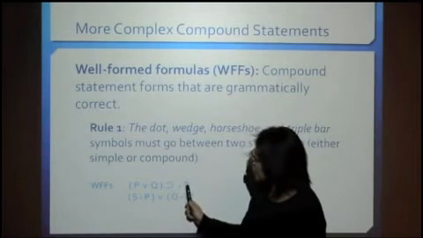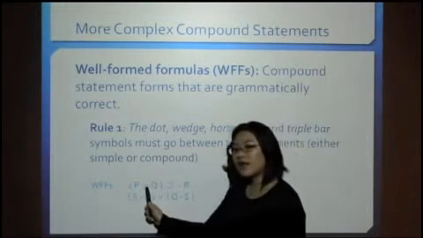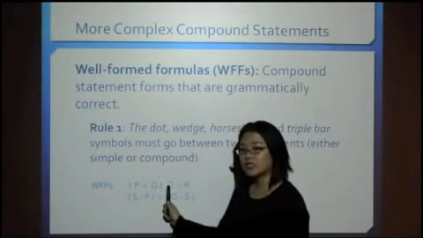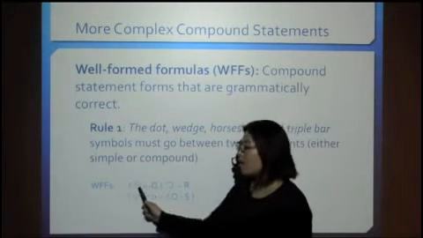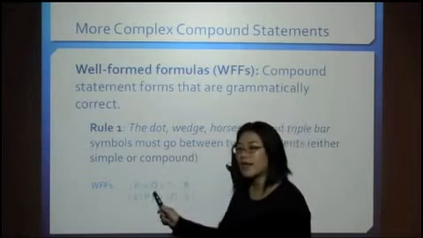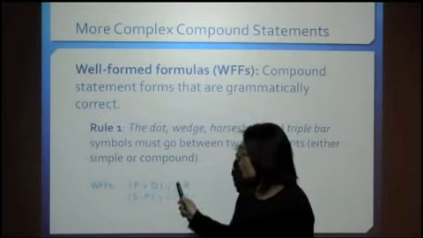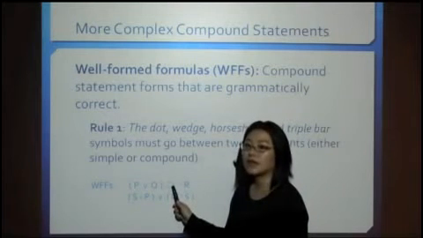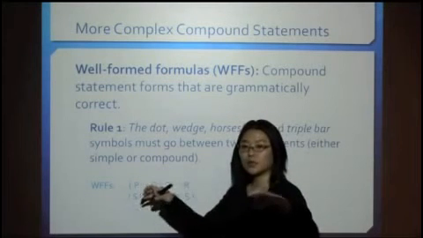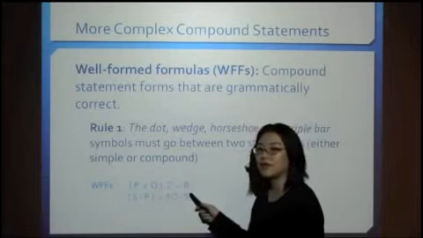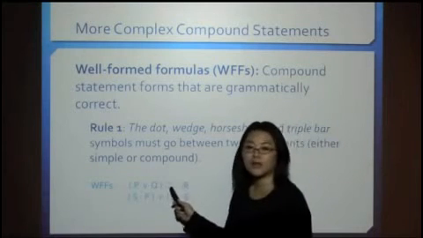So here you have a compound statement on one side, negation R, and on the other side of the conditional another compound statement, P wedge Q. These two compound statements are brought together by the conditional operator horseshoe, which is what's referred to as the main operator because it brings together the two largest units or parts of this entire statement. This statement then is a conditional statement because the main operator defines what kind of statement it is.